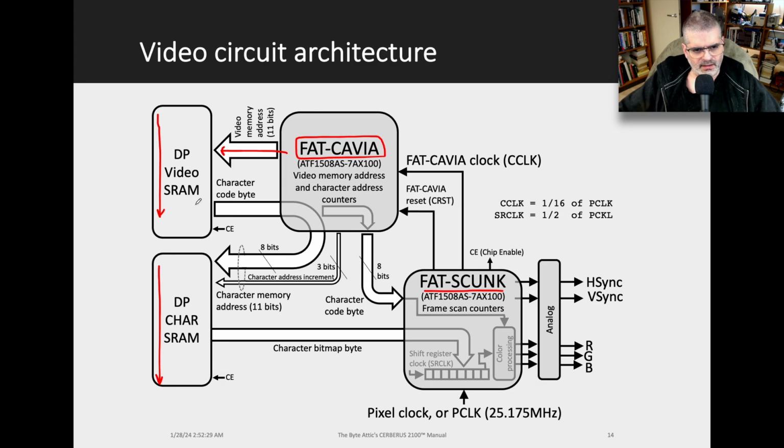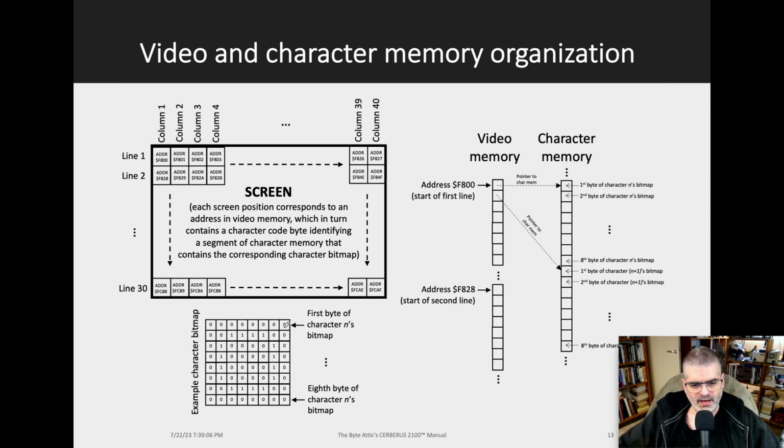Then a character code byte will be read out from video memory here, and that will become the most significant 8 bits of an address for the character memory. These 8 bits identify the character we are trying to print. But remember, if we go back to the previous slide, each character has 8 bytes, not only 1.